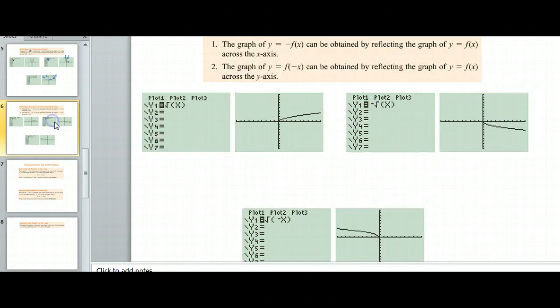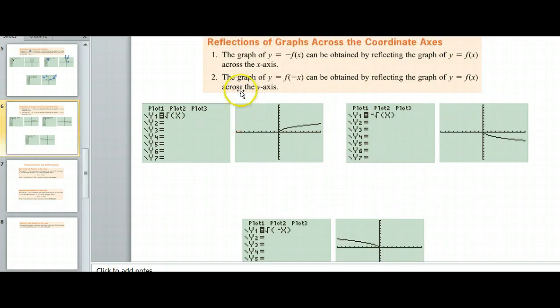Alright, now this one, reflections, the best function to use for reflections is a square root function because it just exists in the first quadrant. And what this is saying is, if we multiply the output, not in the parentheses, but outside the parentheses, this one's outside the parentheses, we go over the x-axis.